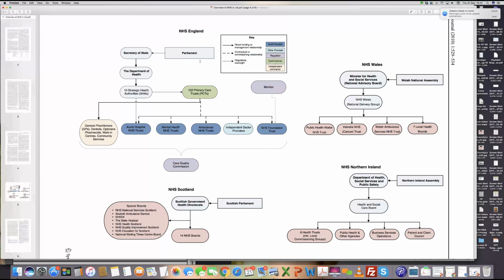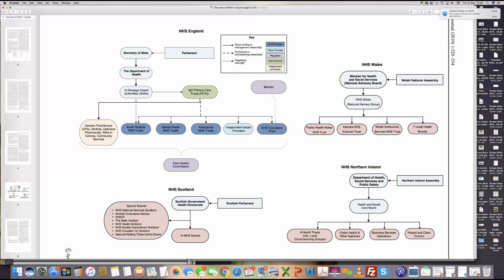So you have Parliament, the Secretary of State, Jeremy Hunt, the Department of Health, and then the regional offices of the strategic health authorities. They manage all the strategic rules, regulations, and functions of the NHS in England. And then they are further broken down into the primary care trusts, which manage hospitals, clinics, surgeries, and all the other areas from which you derive frontline clinical services.